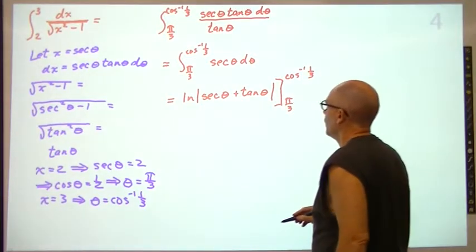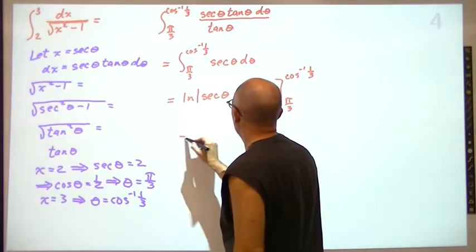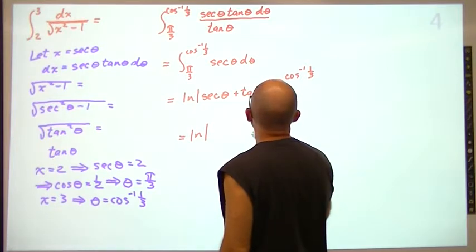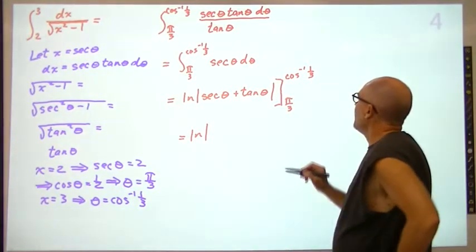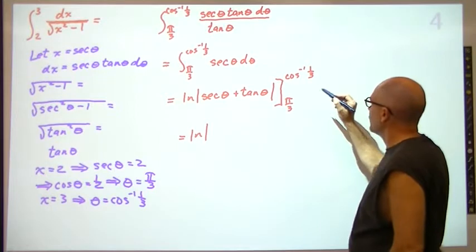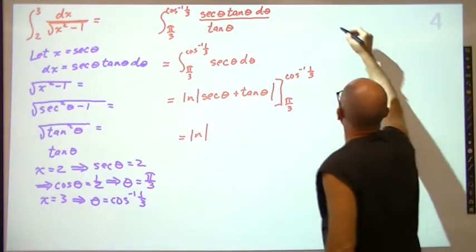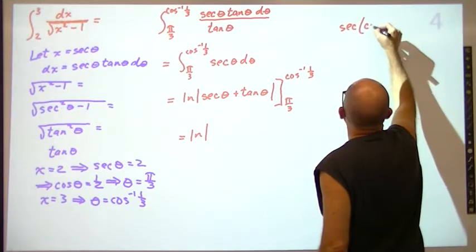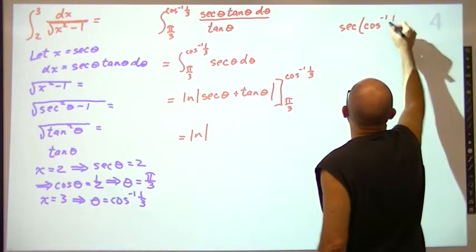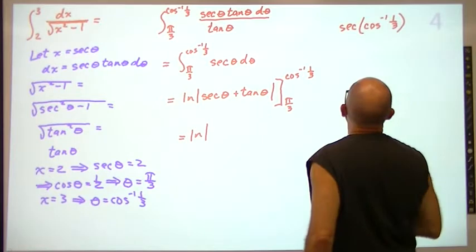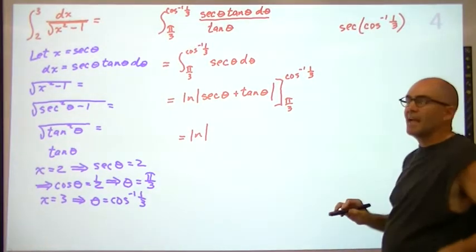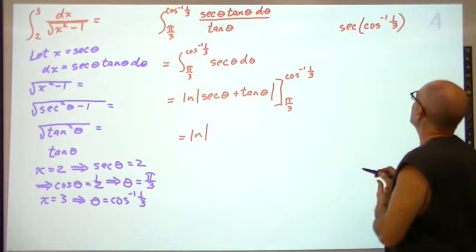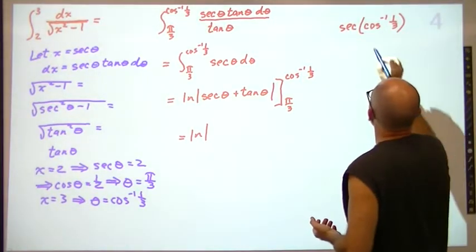Okay, now, this is going to equal natural log of, now, we have the secant of the inverse cosine of 1/3. Well, secant and cosine are reciprocals of each other.